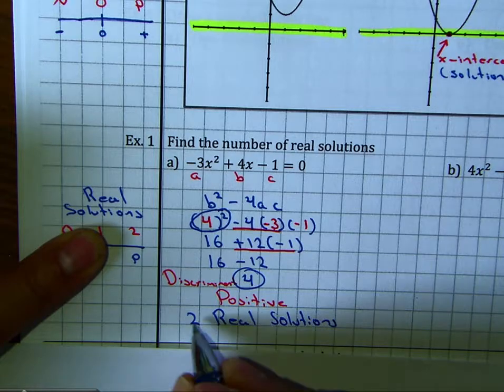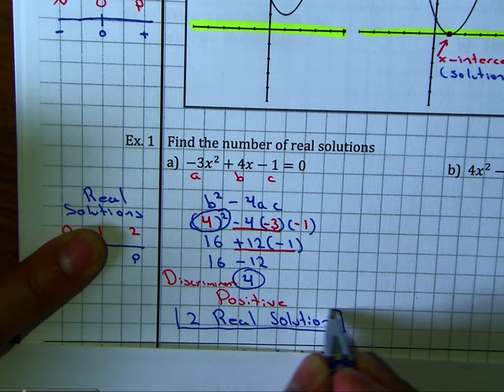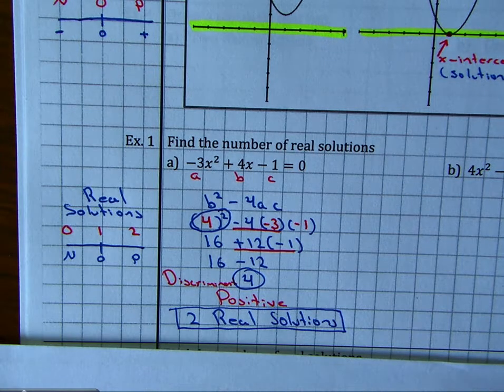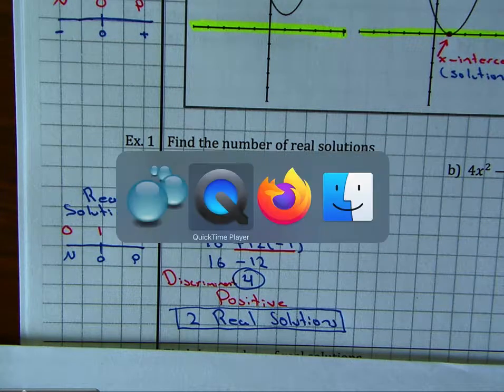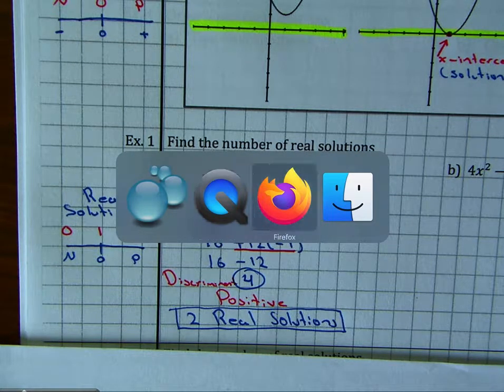That means that if I was going to graph it, it will cross the x-axis twice. And let's go and graph it really quick.